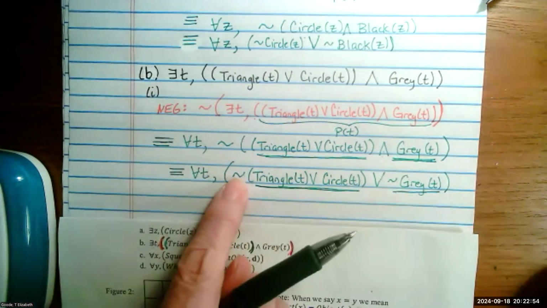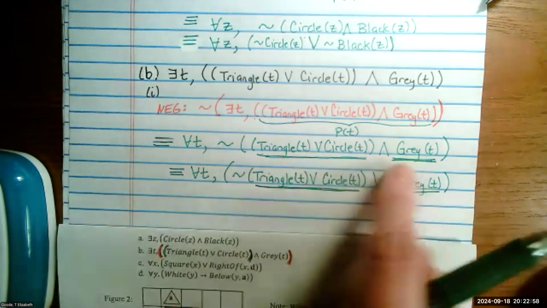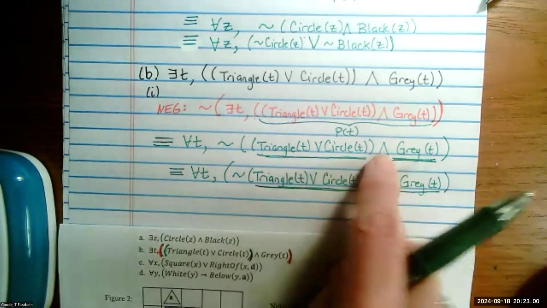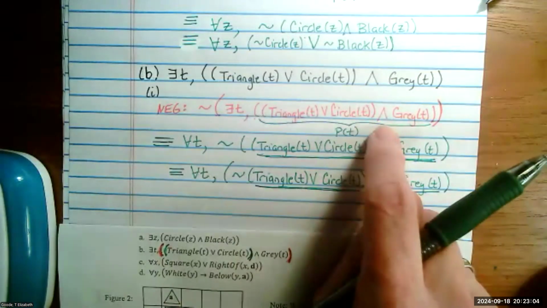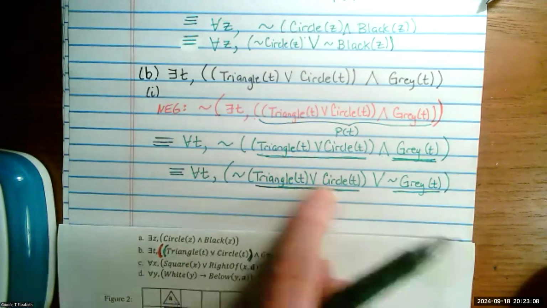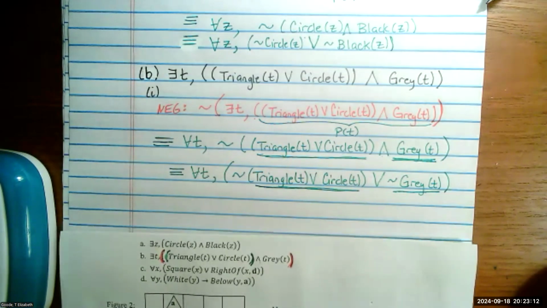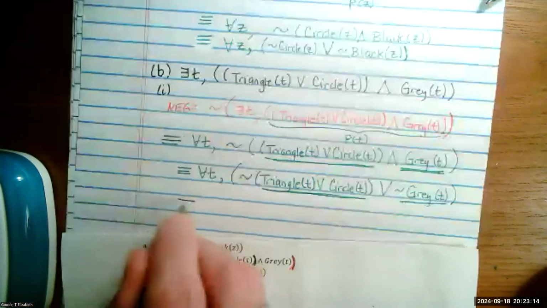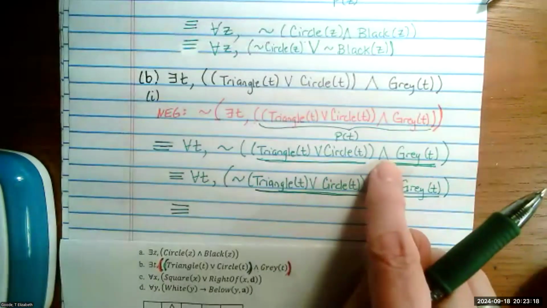Now we bring the not through this or. You see what I mean? We're doing it in two steps. First, we bring the not through the and, and then we'll bring the not through the or. Why did we bring the not through the and first?